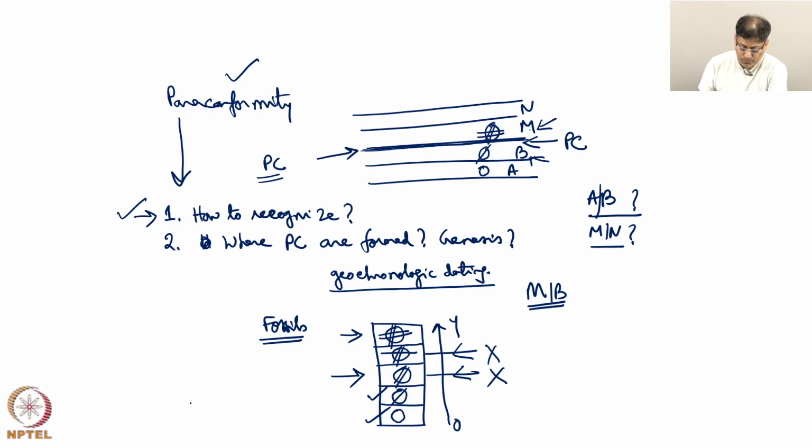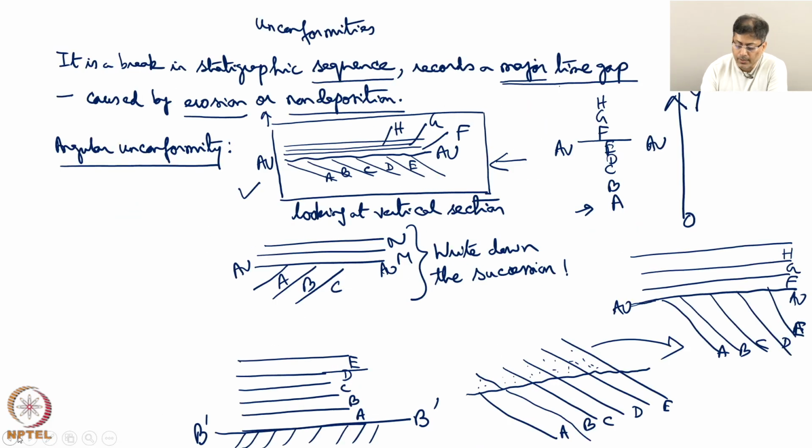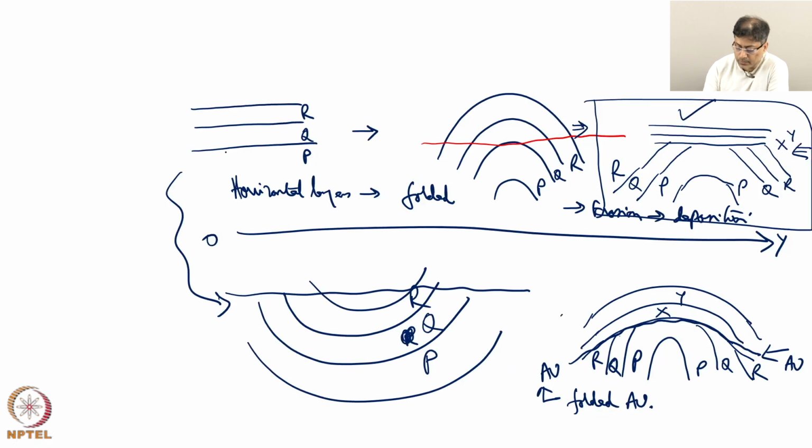Let us summarize so far what we have seen. We have introduced the term unconformity and we have defined it. The different types of unconformities: angular unconformity was described, how it appears in a vertical section has been shown, and different possible ways of formation: tilting, erosion and sedimentation, or from a horizontal layer a folding, then an erosion and then horizontal deposition, and this folding can be antiform or synform.